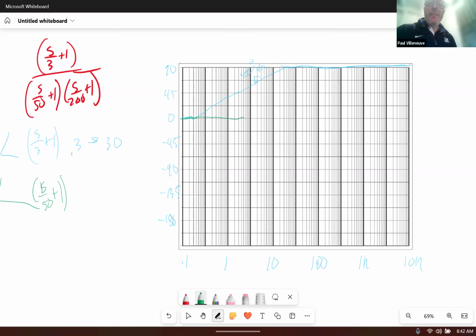So at 50, I'm here. And then it stops at 500, which is here. And then it flattens out. And again, that's 45 degrees per decade.